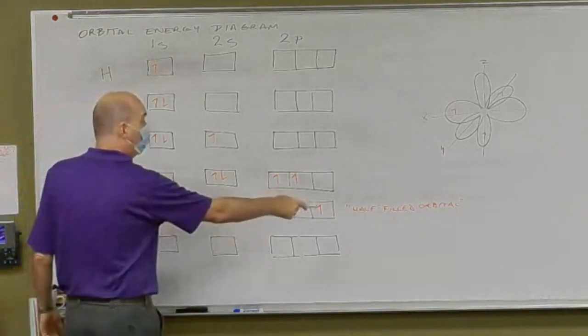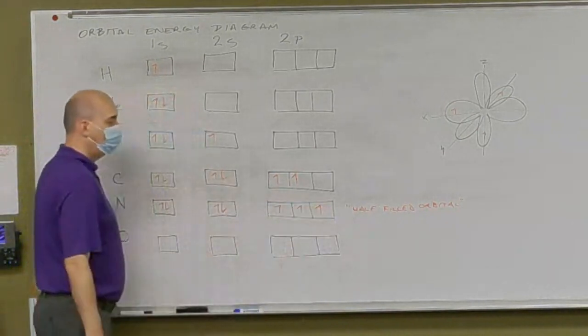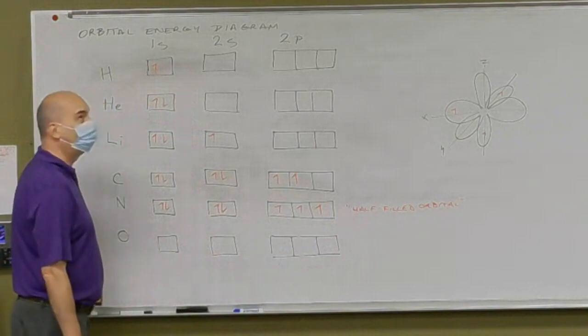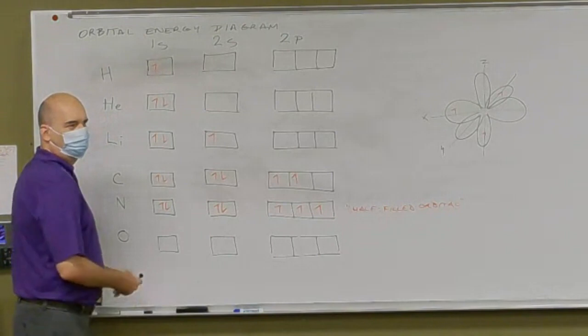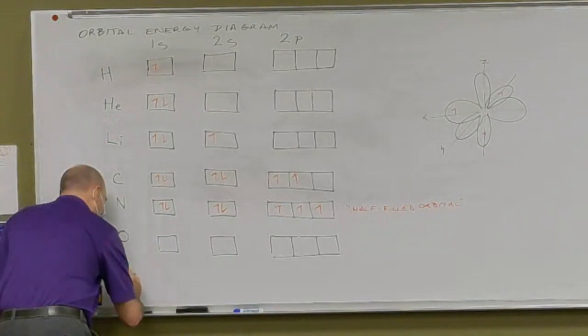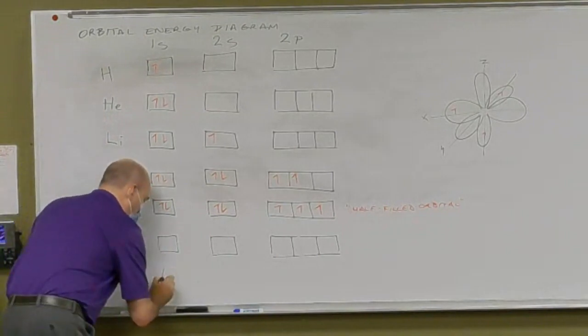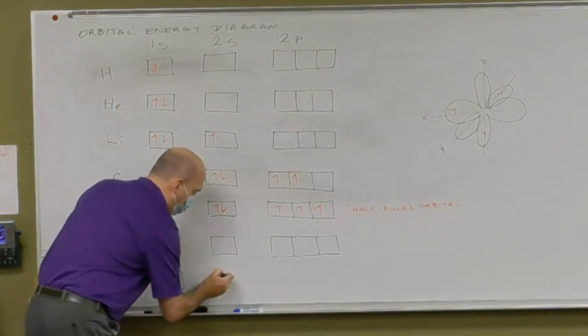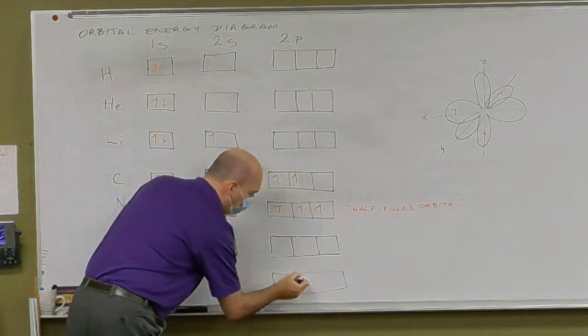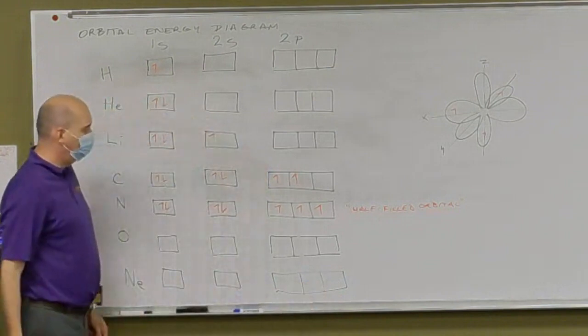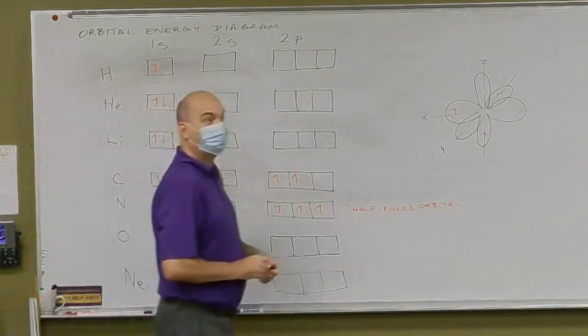Okay? So the only thing more stable than a half-filled orbital is a filled orbital, which we would write, if you could squeeze it in, all the way down here for neon. But we have a decision to make for oxygen.